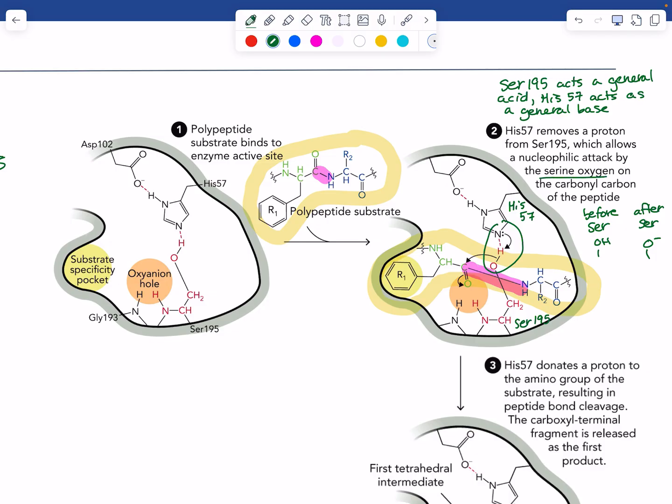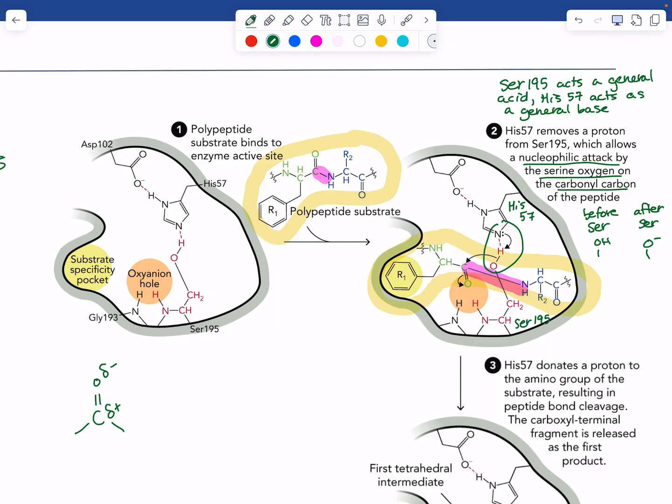So the serine oxygen makes a nucleophilic attack. And again, we've talked about carbonyls, how that bond is polarized, and that carbon actually has a partial positive charge, right? So just a reminder, carbonyl is polarized.